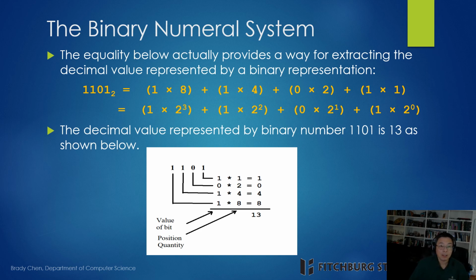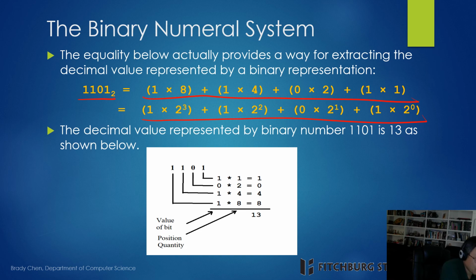Now let's see how we can do this. Remember, this is a binary number. This is an expanded form. Now, if we simply add each of the numbers, we will actually get a decimal value.